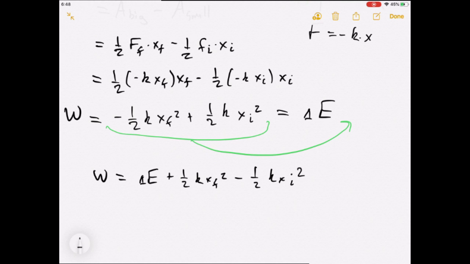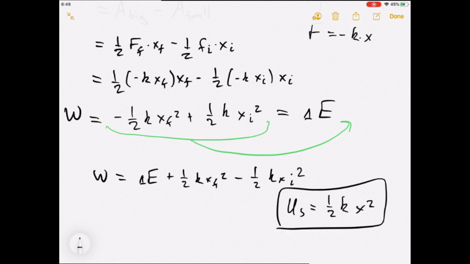And notice that is just the change in some term that is half kx squared. So if I define the spring potential as half kx squared, then I can write this as delta E plus delta U spring. Okay, so if that derivation made no sense, don't worry about it. Just recognize that spring potential, the energy stored in a spring, is half kx squared.